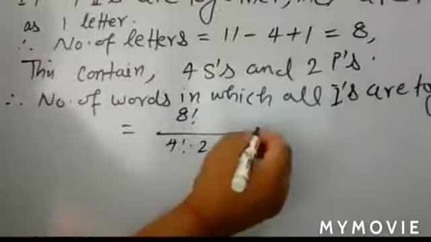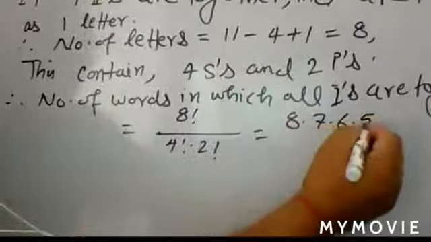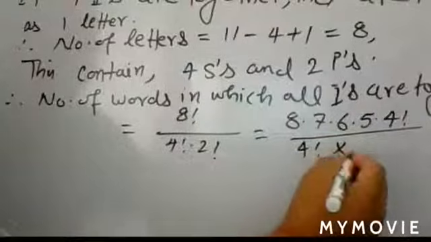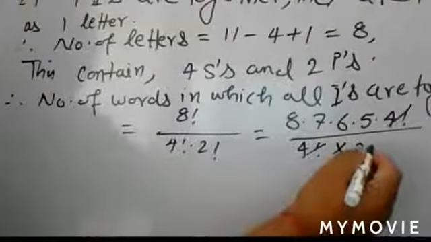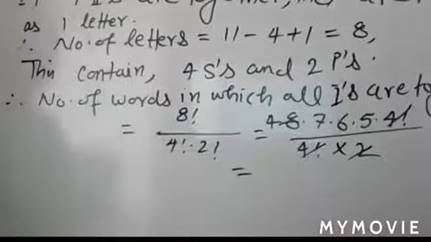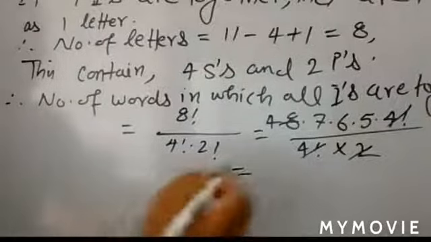So you calculate it. Here you start 8, 7, 6, 5, factorial 4 upon factorial 4 into 2. So factorial 4 cancels out, and just cancel it. Here you have 4 and simplify that. So here you multiply and get 840.